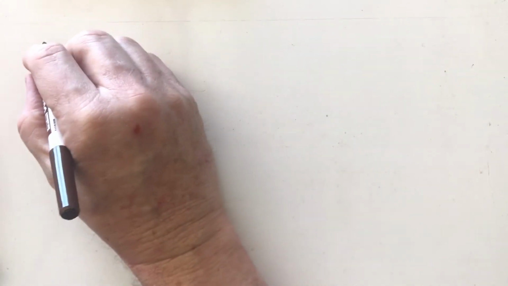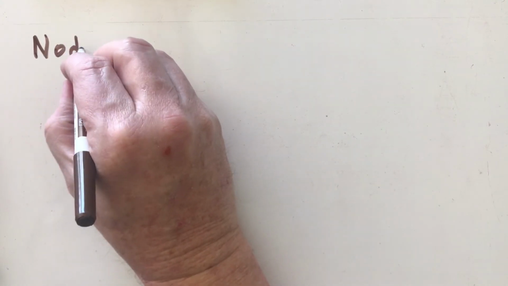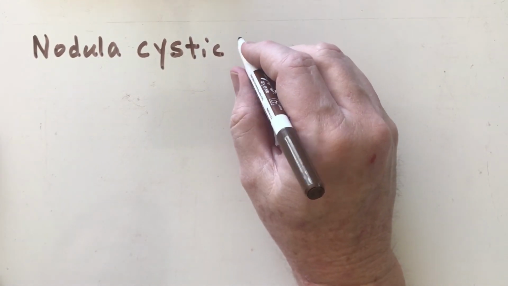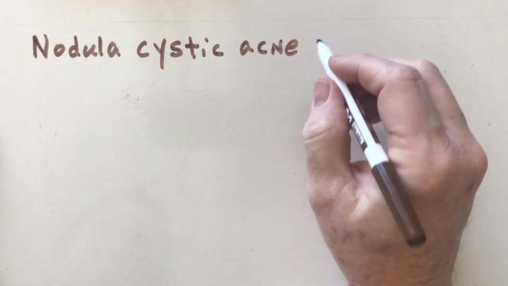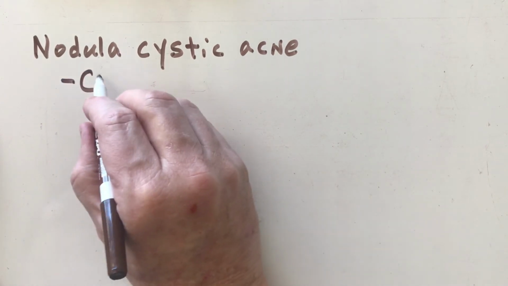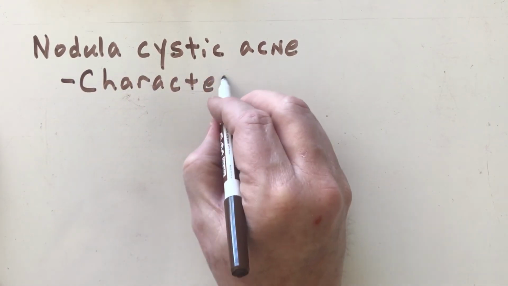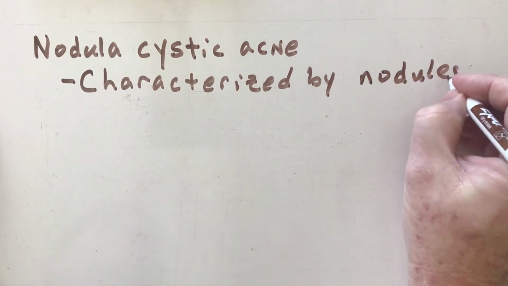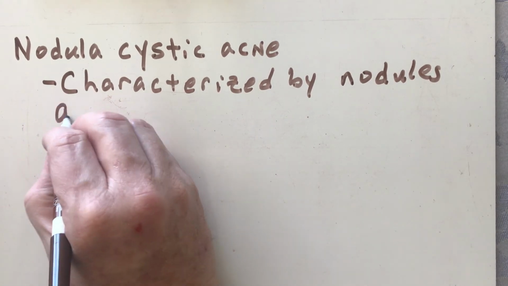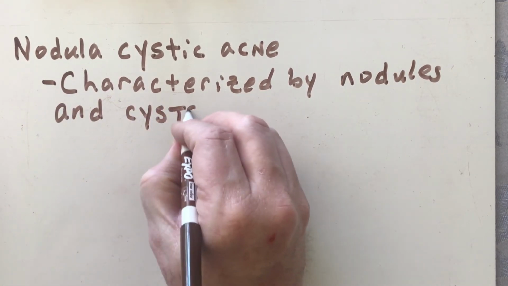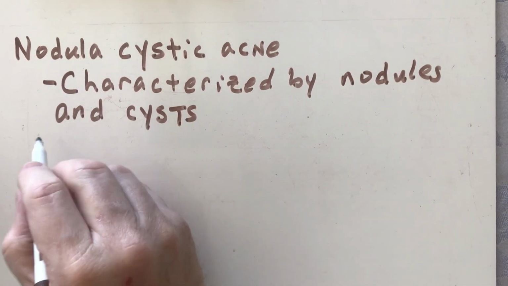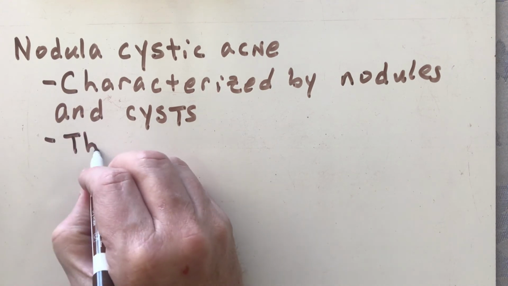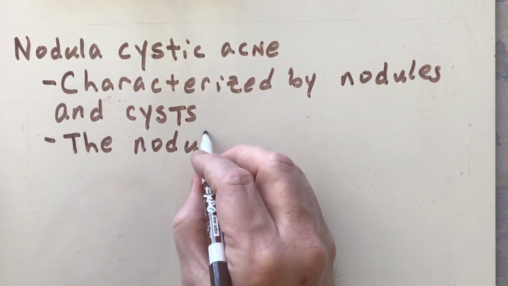Okay, that's inflammatory acne. And then the last type of acne we're going to talk about is called nodular cystic acne, which is severe acne. And like the name implies, you get nodules and you get cysts with this. So it's characterized by nodules and cysts. Now the nodules and cysts are inflamed lesions with pus that's way under the skin.